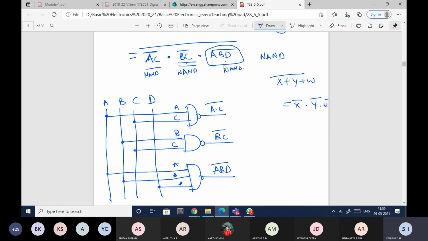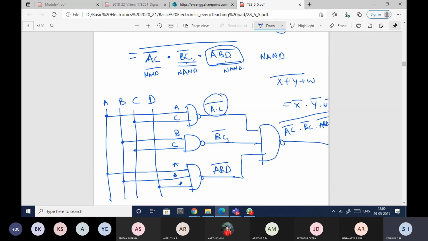So now I need to have this dot this dot this whole bar. So give it to one more NAND gate, so that my output will be AC bar into BC bar into ABD bar, whole bar. This is clear?